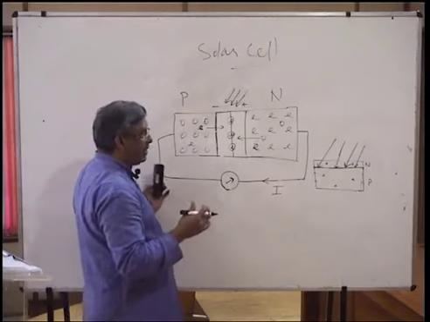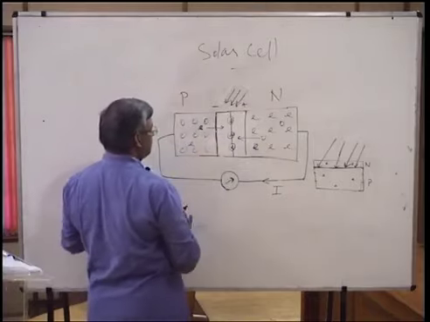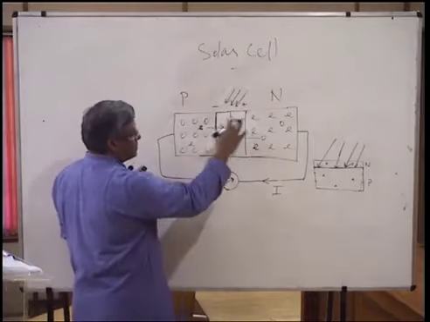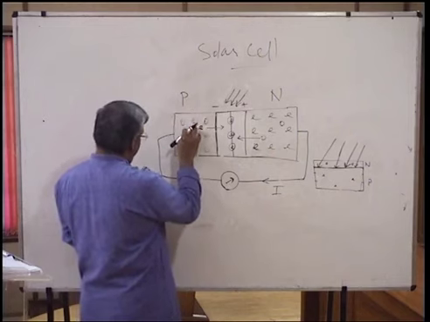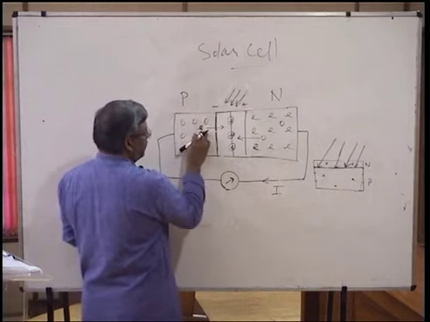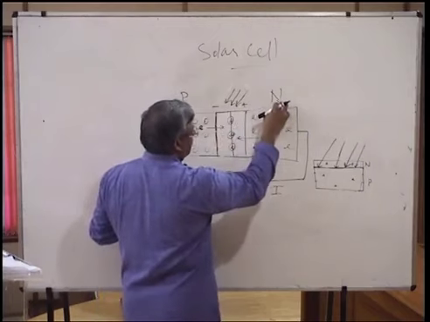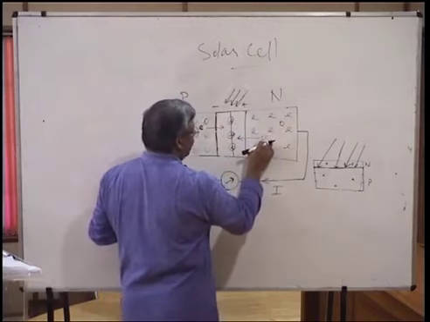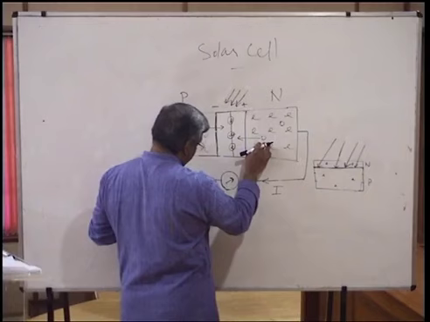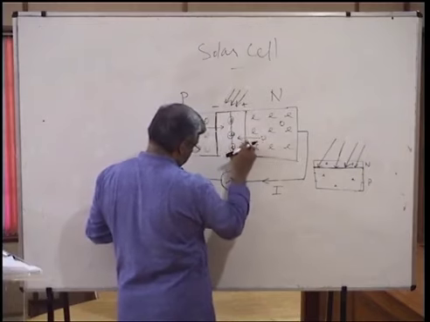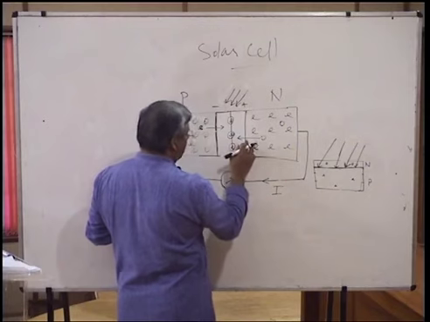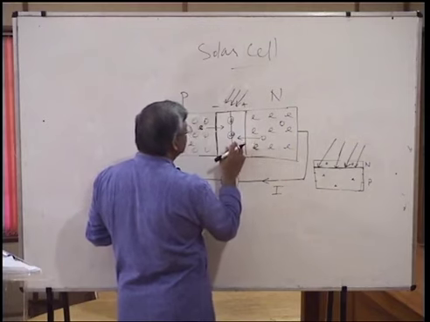The solar cell is again a p-n junction, with all the earlier discussions holding. Majority carriers on the p side are holes, minority carriers are electrons; on the n side, majority carriers are electrons, minority carriers are holes. And due to the internal bias, there's a slight drift of the minority carriers.